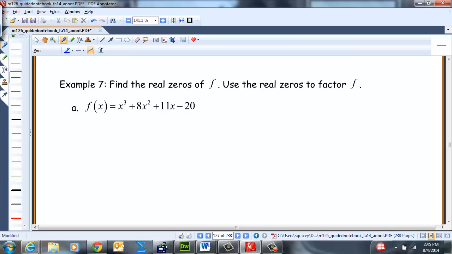So we're going to find the real zeros of this function, and then we're going to use the real zeros to factor function f.